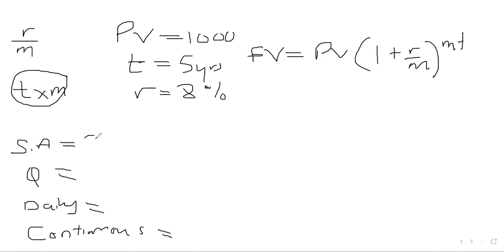Twice. Good. Quarterly? 4 times. Daily? 365. Weekly? 52. And continuously? PVERT.